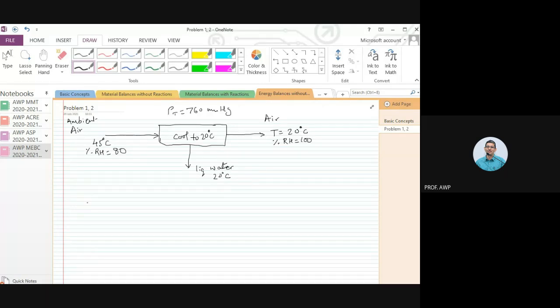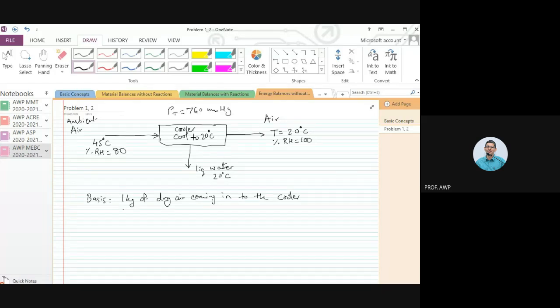Okay. So what I want you to do is take the basis as 1 kg of dry air coming into the cooler. So this cooler means I have to remove heat in order to cool, right?